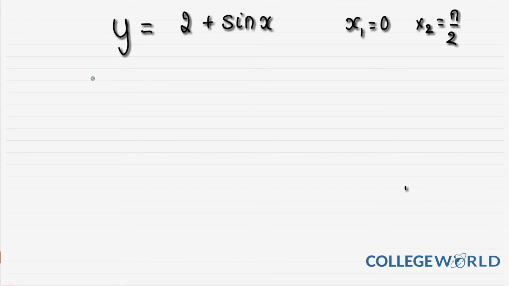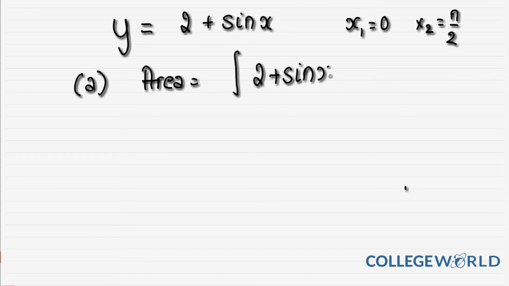We know that our area is going to equal the integration of just y, so it's going to be 2 plus sine x dx. That will give us 2x, from our boundaries 0 to pi over 2, and the integration of sine is negative cosine x.